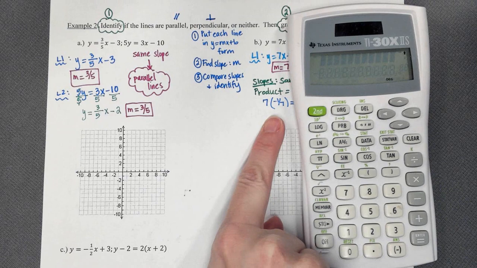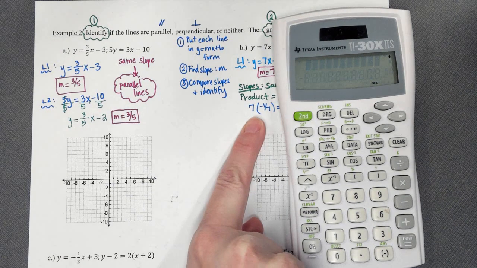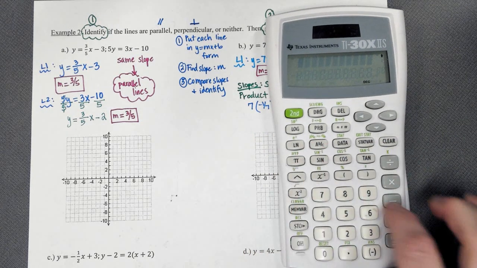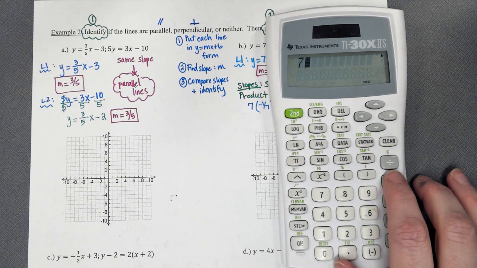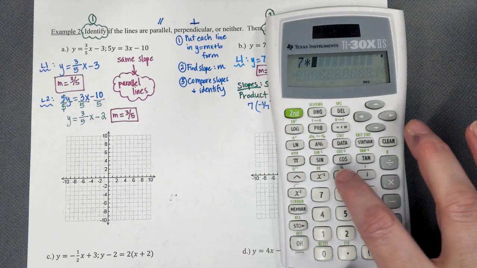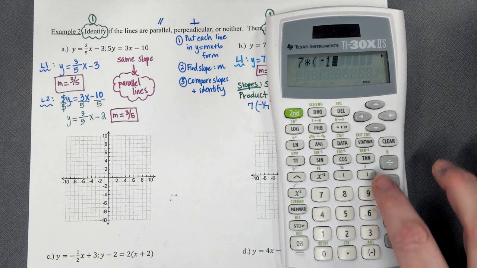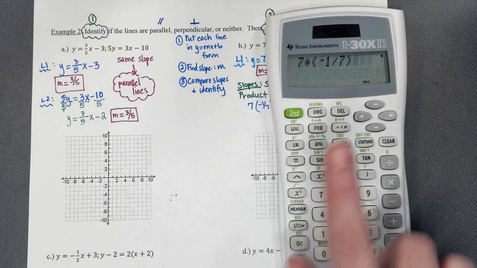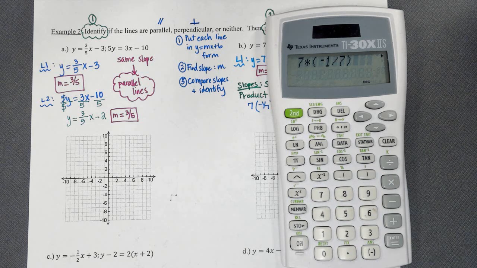Some of you might know how to multiply that without your calculator because the 7s will cancel out, but most of you are going to do it like this: 7 times, and then in parentheses, negative 1/7. Or, I bet you could use your ABC button. If you want to use your ABC button, that's fine too.